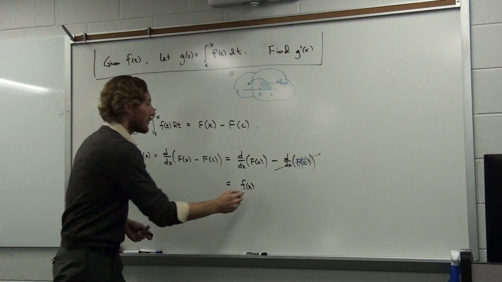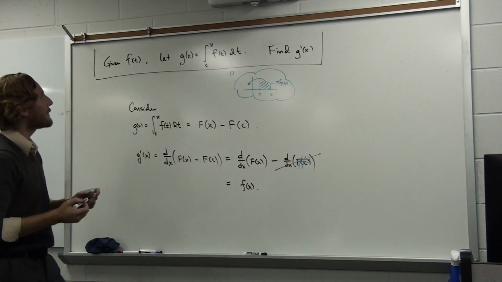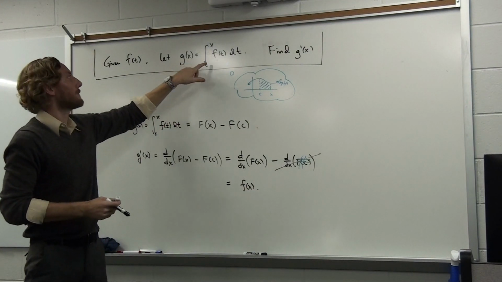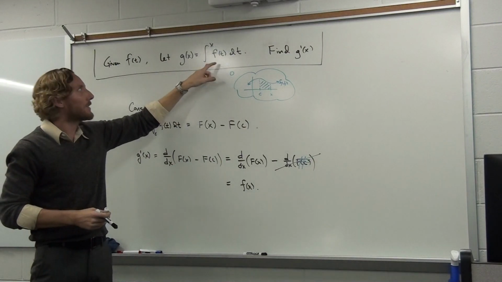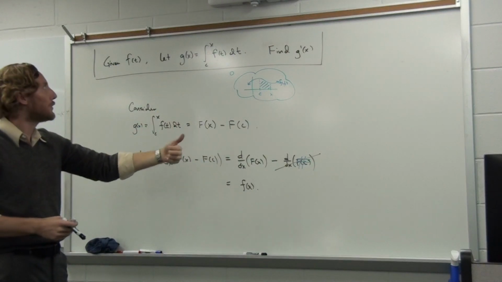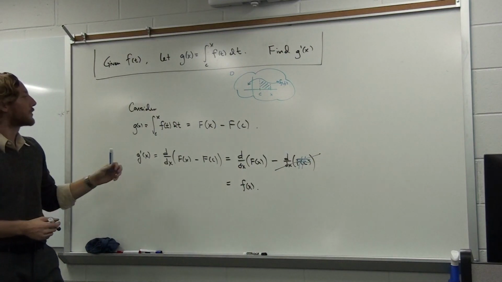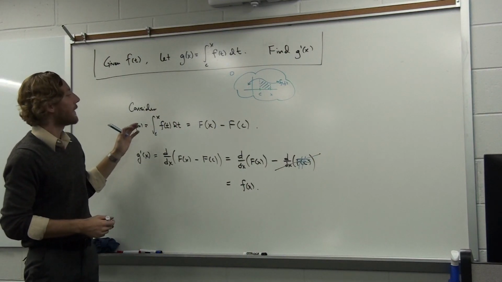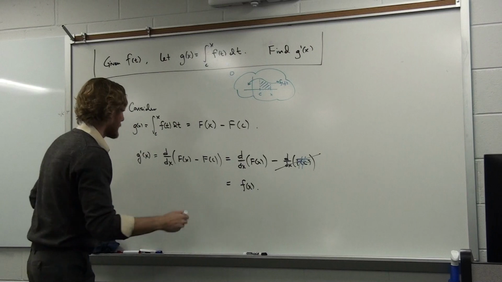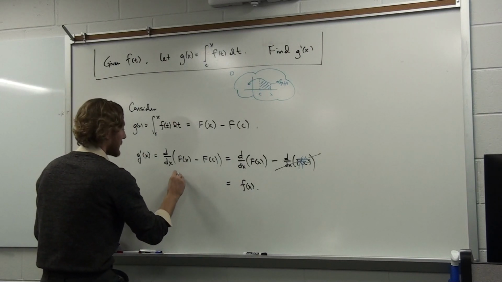So the long story short is, when you have a function that is defined in terms of the integral, and you take its derivative, you get back the function that was inside. The derivative of the integral is the function that was left inside. Let me write that in full totality here.